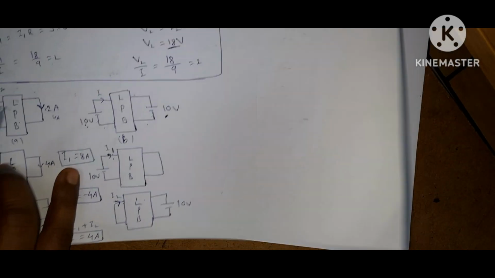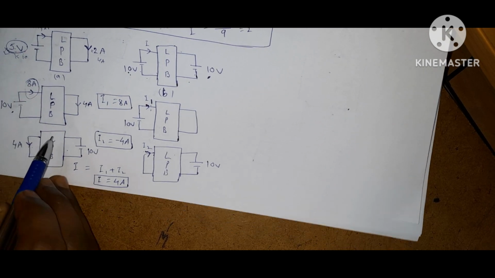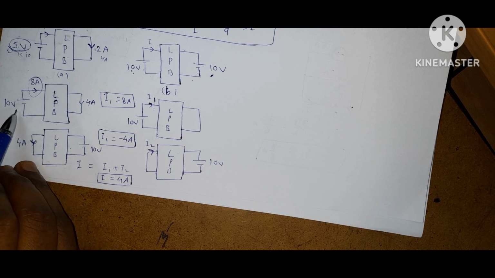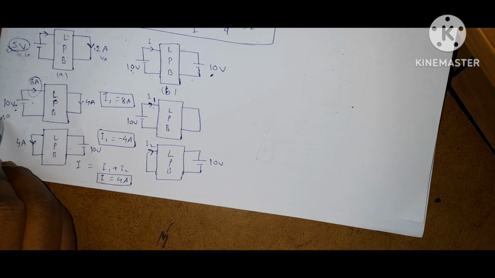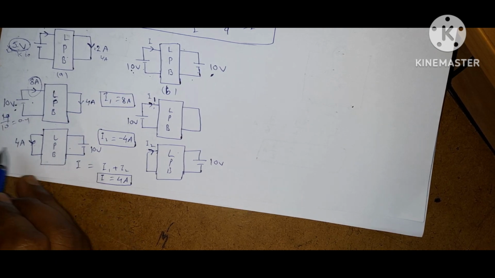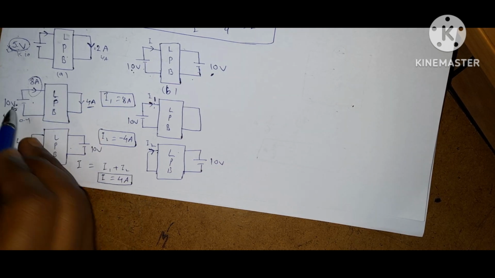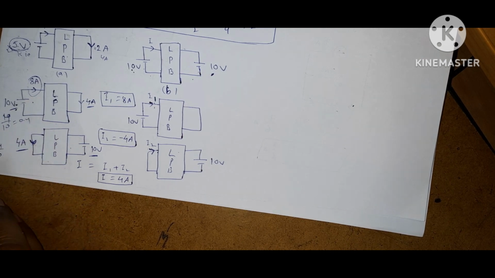Here also this current may be any other value. Here it is 4 amps. But in both cases, the response to excitation must be constant. Here the response to excitation is 4 by 10, that is 0.4. Here also the response to excitation is 4 by 10. This is response, this is response, this is excitation, this is excitation. So it is 4 amps.